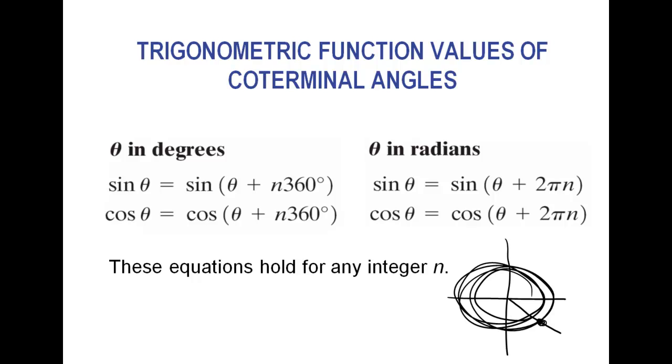So rather than dealing with the big angle measurement, we can just deal with what's called the coterminal, the shorter version, right? The angle that's between 0 and 360 or 0 and 2 pi, depending on if you're talking about degrees or radians. So that's all we're doing, it's kind of a reference angle for something that's bigger than a full revolution.